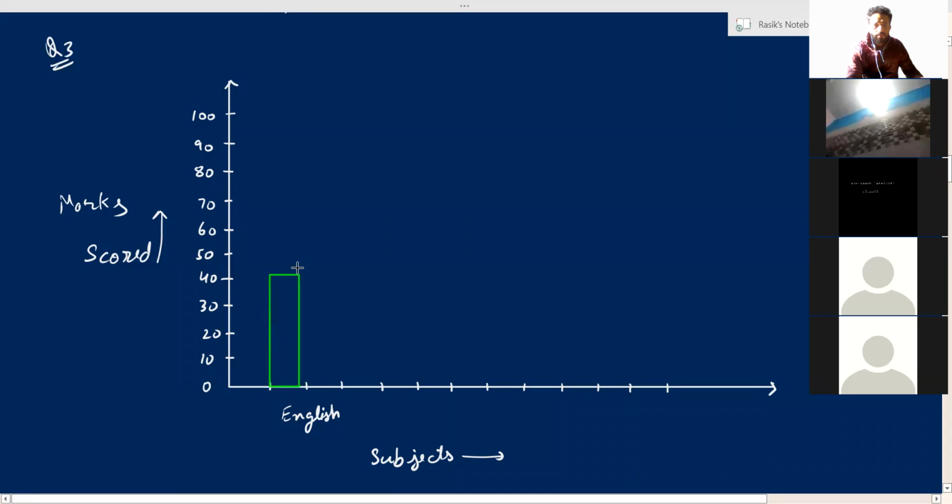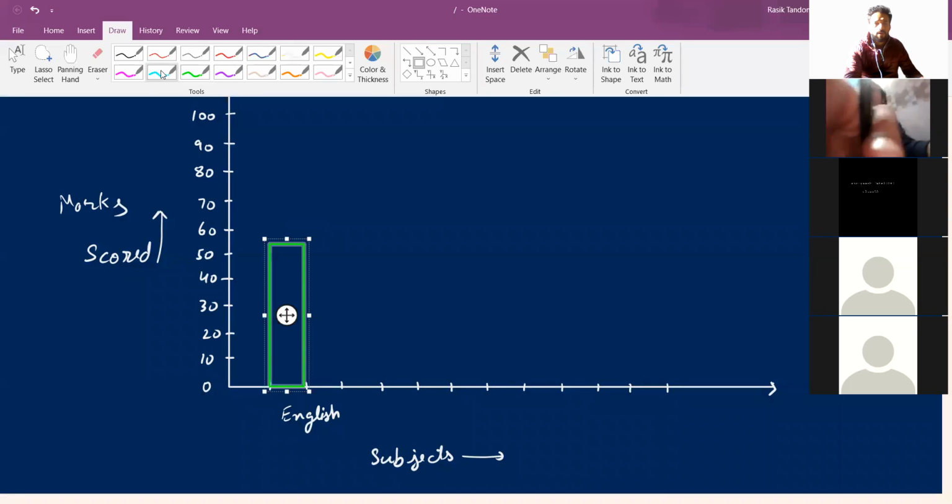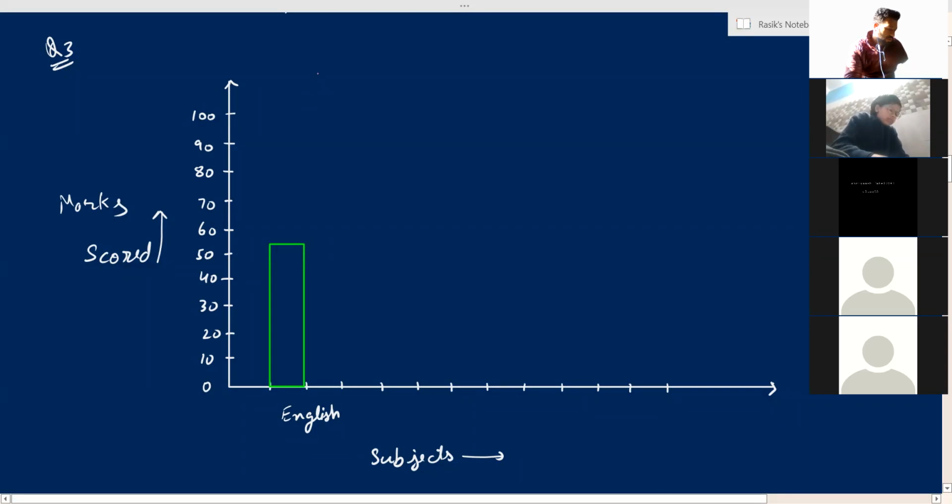He has scored 55 marks. So you will take the bar of English half yearly till 55, and then choose a different color for annual exams.